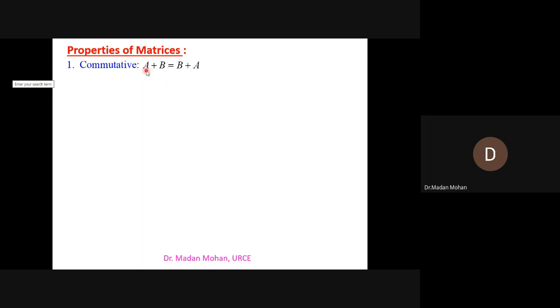Therefore, matrix addition follows the commutative law. But AB and BA need not be equal. Of course, sometimes they may be equal. So, matrix multiplication is not commutative. Matrix addition is commutative, but matrix multiplication is not commutative.